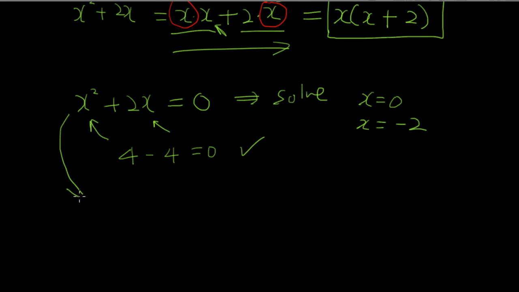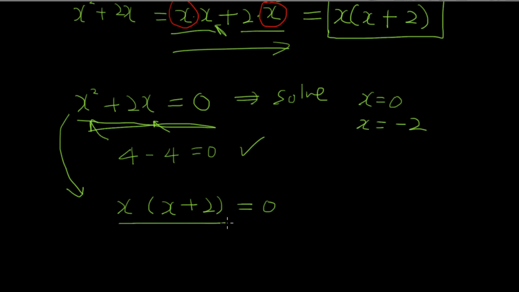But we also checked that when we factor this, it became x times x plus 2, equal to 0. So this equation right here and that equation right there look slightly different, but they are the same equation.